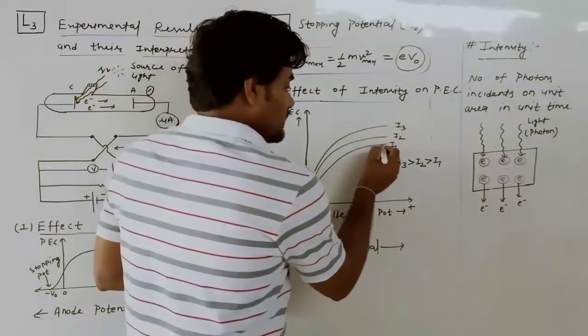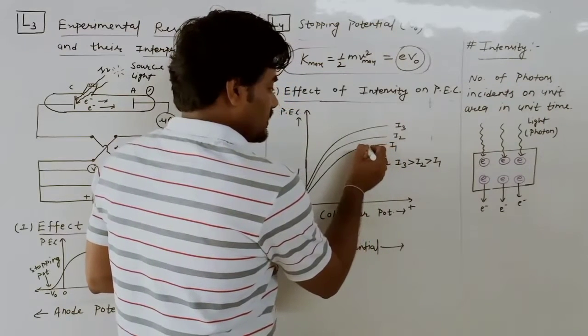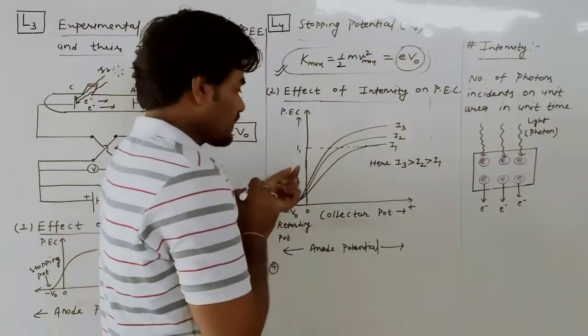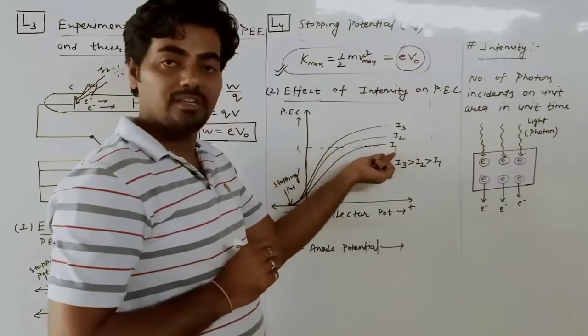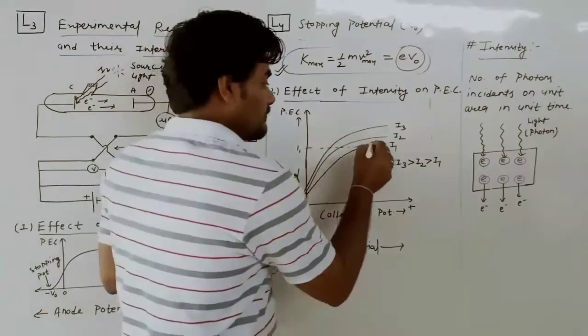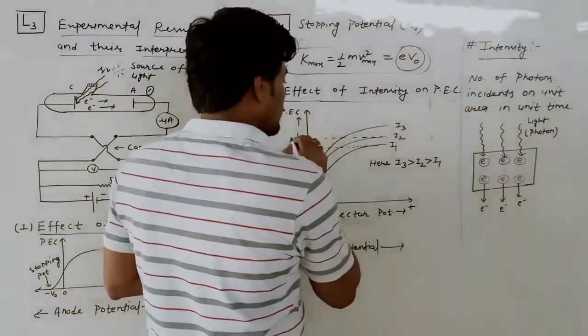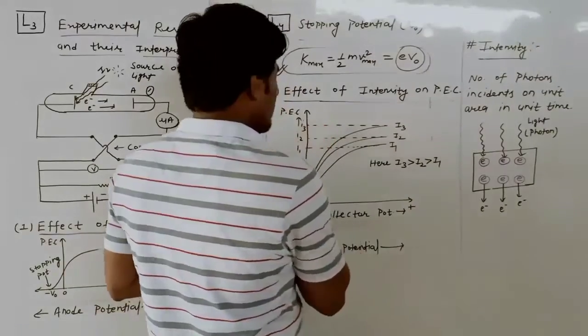Here you can see that for I1 intensity the saturated photoelectric current is small i1. Small i1 represents current, and capital I1 represents intensity. For intensity I2 the photoelectric current is i2, and for intensity I3 the photoelectric current is i3.